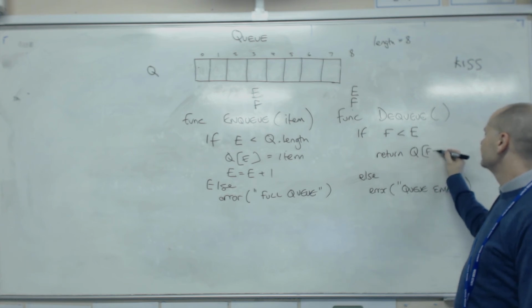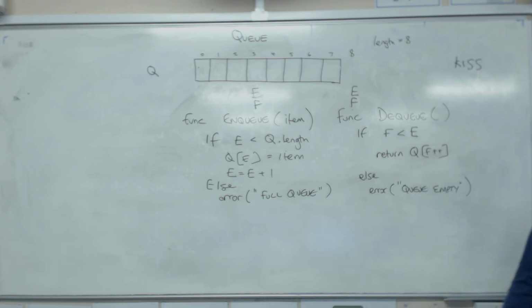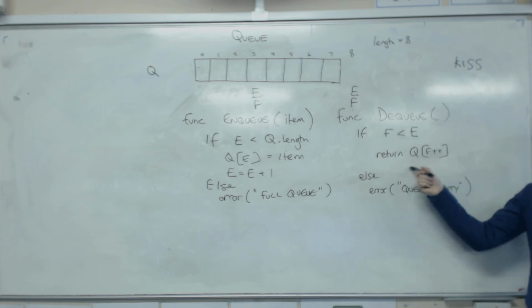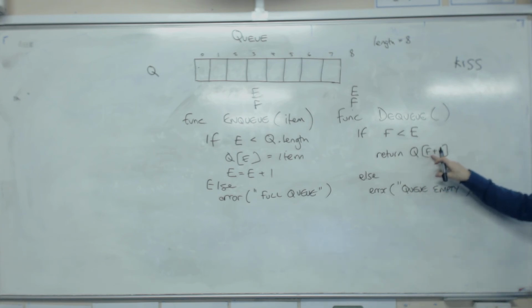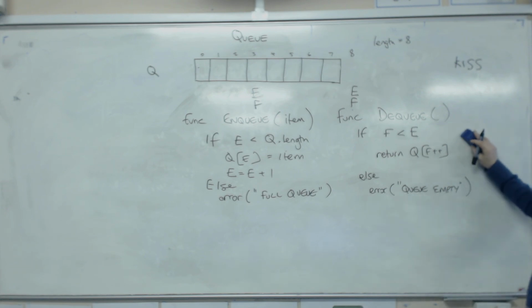You make use of what we call post-increment. So as this expression is evaluated, we go, okay, what is the value of F? Look it up. Going to return that value. But when we've finished executing this line, increment F. So it works. But the preferred one is the one I had prior to that.